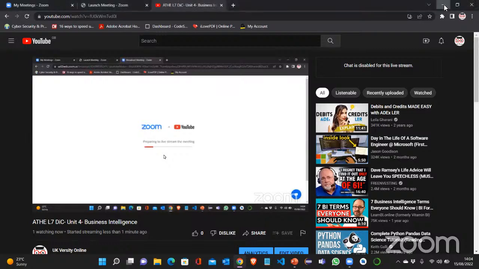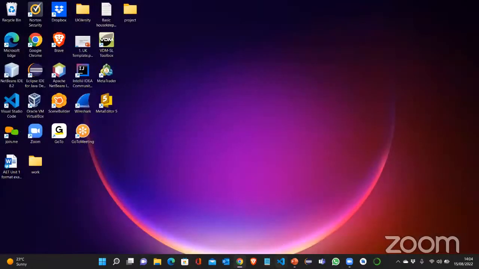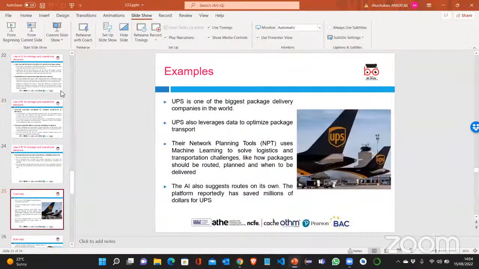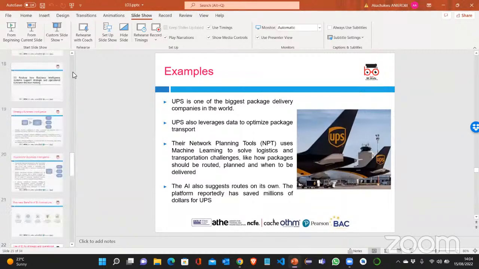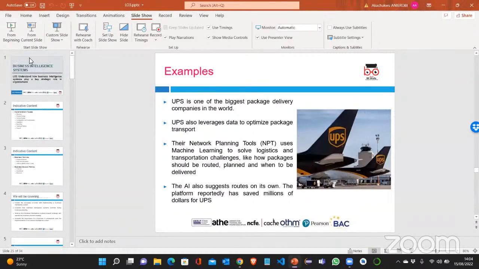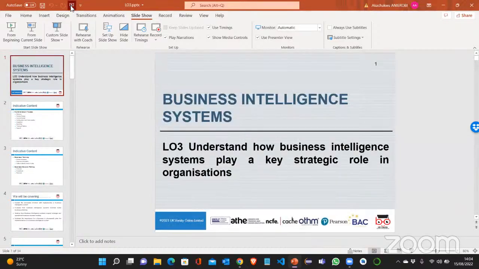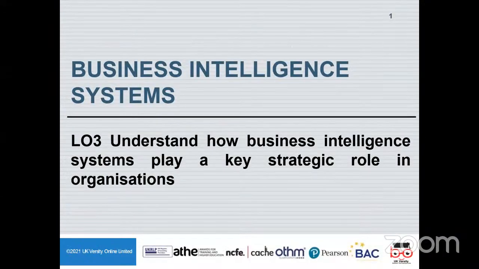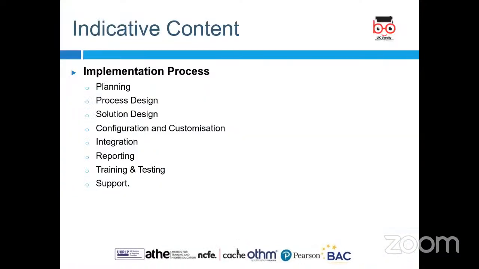Okay, so we're now starting our tutorial. In today's session, we're going to understand how business intelligence systems play a key strategic role within organizations.